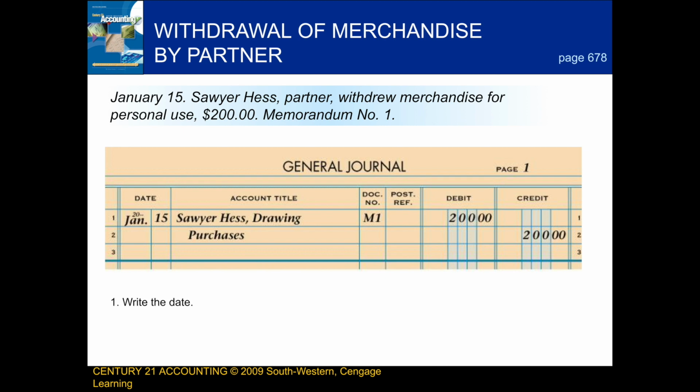First, we write the date, which is January 15th, in the date column. Next, we write the first account title, which is Sawyer Hess drawing, in the account title column. After that, we write the memorandum number, which is M1, in the document number column.